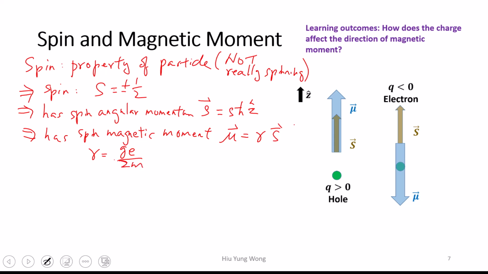Here I only talk about the electron, okay? Where g equals negative 2.0023, and it can keep going.